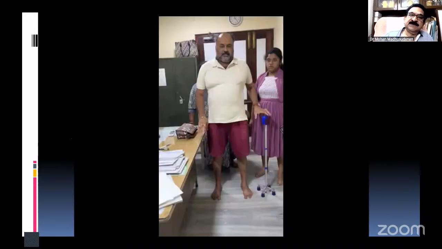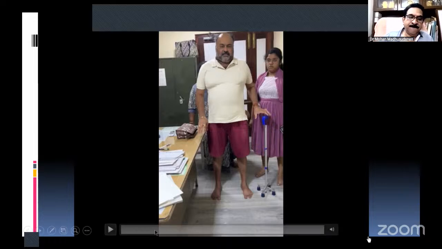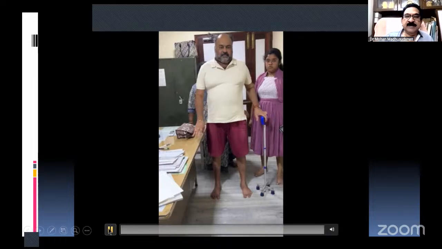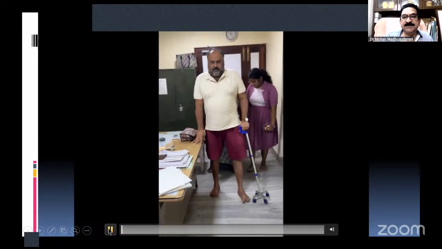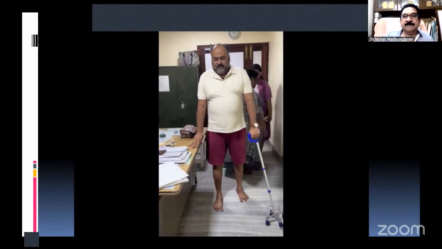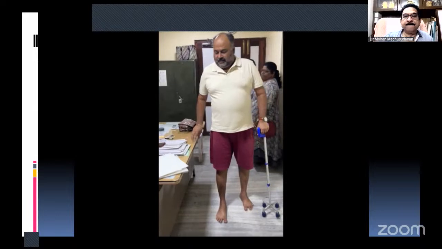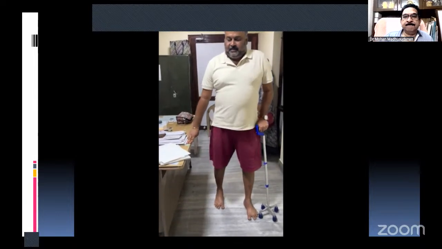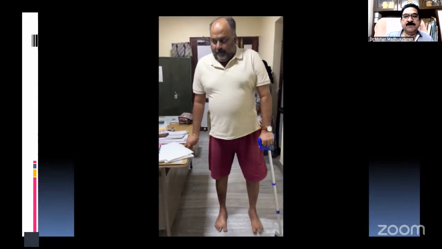So this is the video of the patient. See how he is walking. Very difficult walking, pushing his legs forward. He has to climb onto the cot.